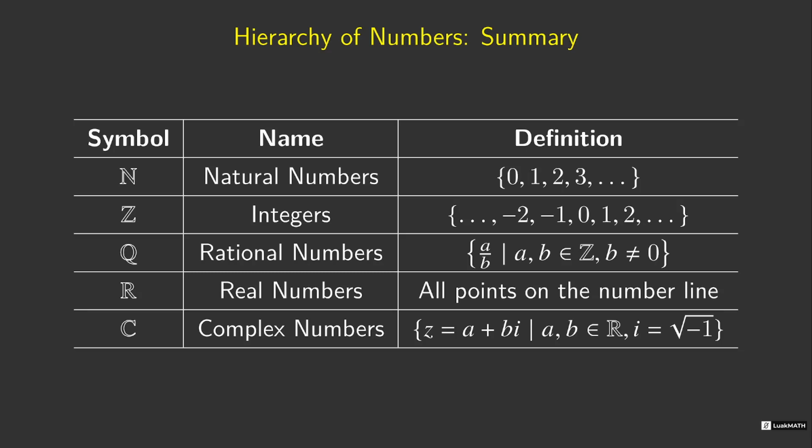The symbol is capital N. The set of integers, the symbol is capital Z. The set of rational numbers, the symbol is capital Q. Real numbers, the symbol is capital R. And complex numbers, the symbol is capital C. These are the ones you need to know, especially if you will be taking college classes or university level courses. Because trust me, you will see this in one form or another.